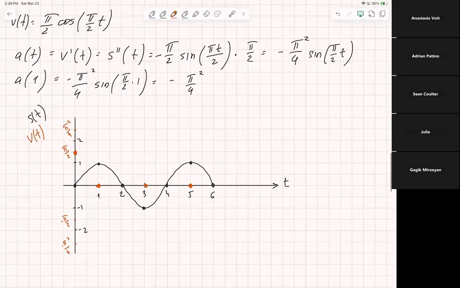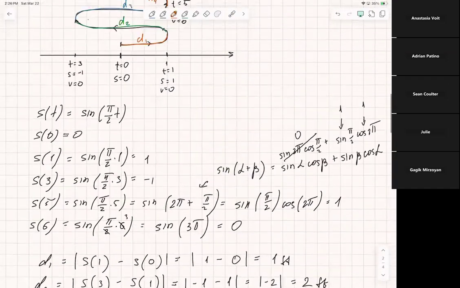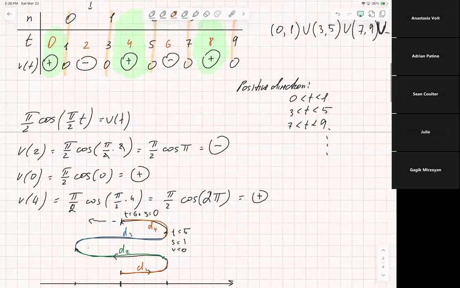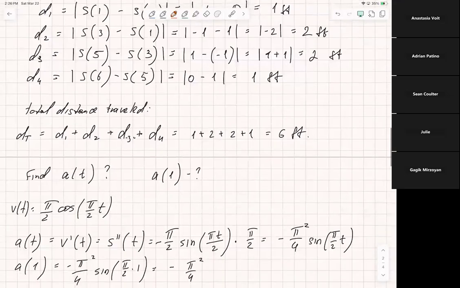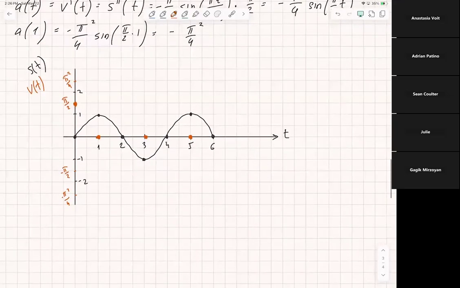Velocity at 2, we have negative pi over 2. And for 4, we have positive pi over 2.